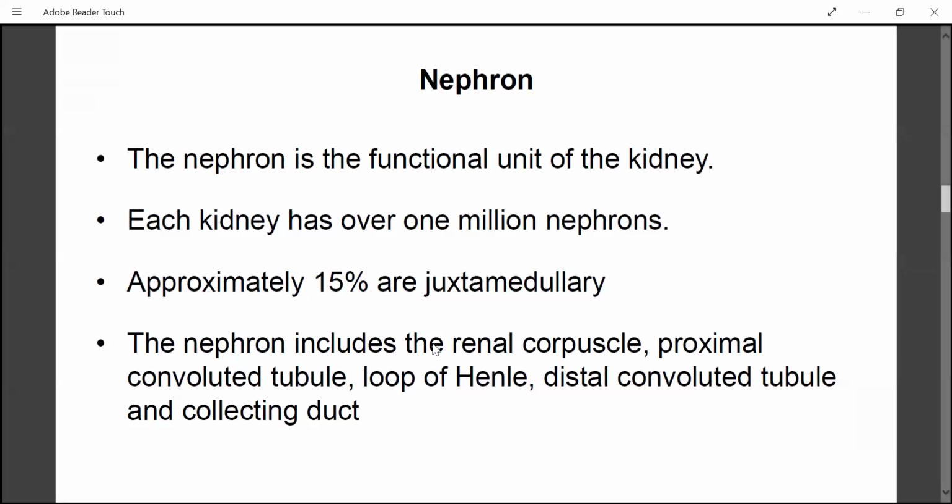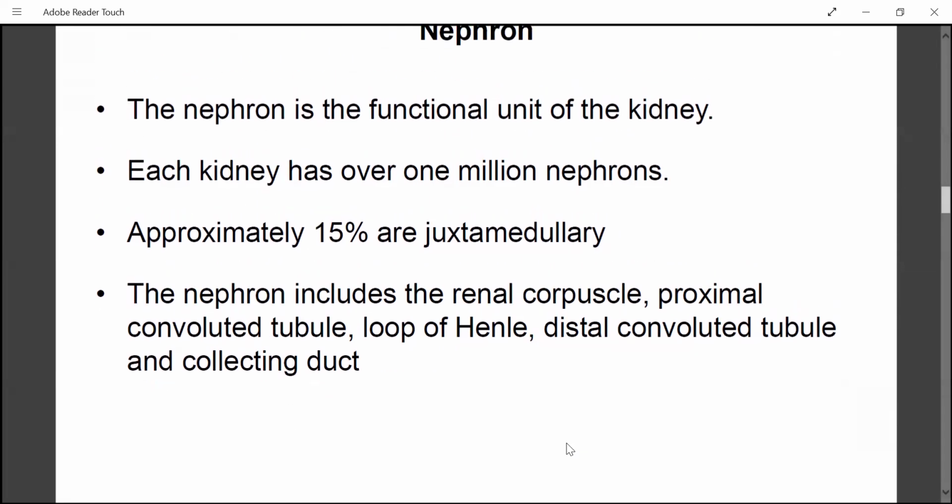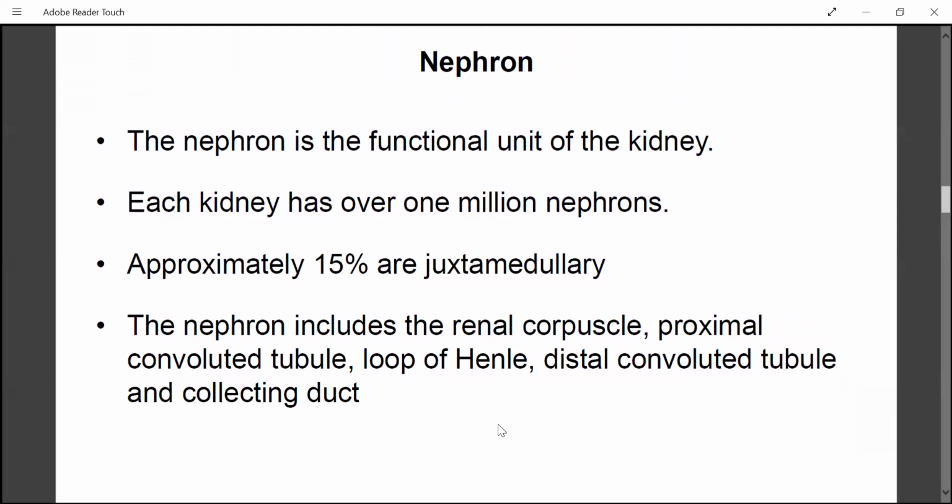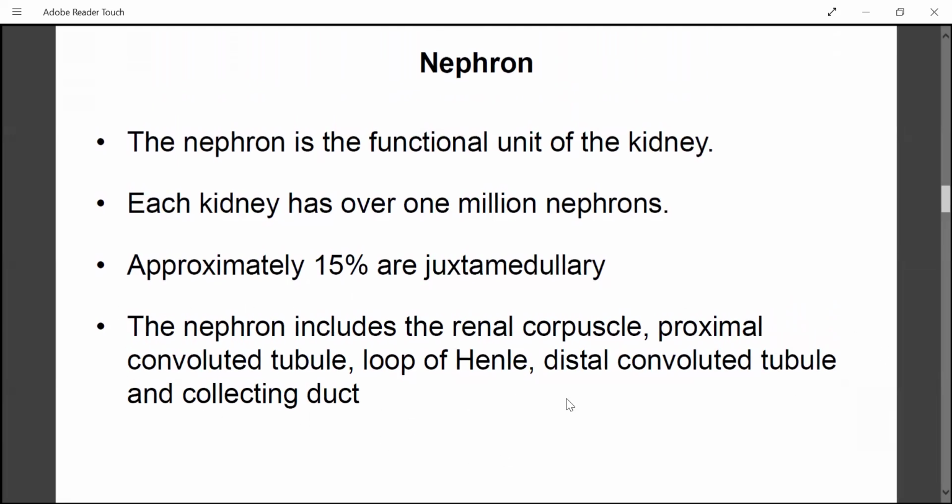Approximately 15% of those nephrons are juxtamedullary, and I'll go over what that is in just a second. So our nephron includes the renal corpuscle, the proximal convoluted tubule, the loop of Henle, our distal convoluted tubule, and a collecting duct. So all of these structures together make up the nephron.